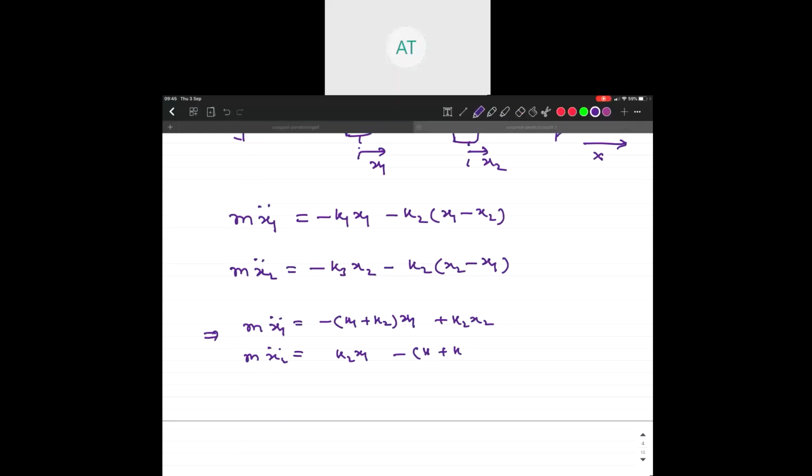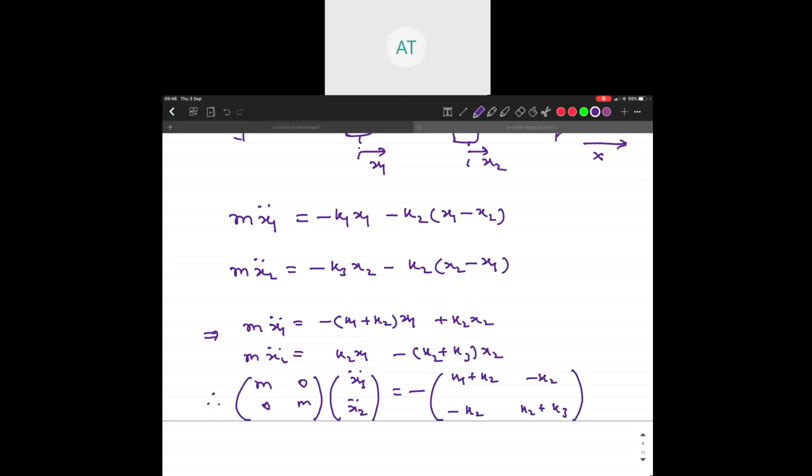So it's like minus of k2 plus k3 of x2. So therefore, you can actually write this as m0 m, x1 double dot x2 double dot equals to minus of, then we can take k1 plus k2, and here you can take k2 plus k3, and here it is minus k2 minus k2, and then we'll have a x1 x2.